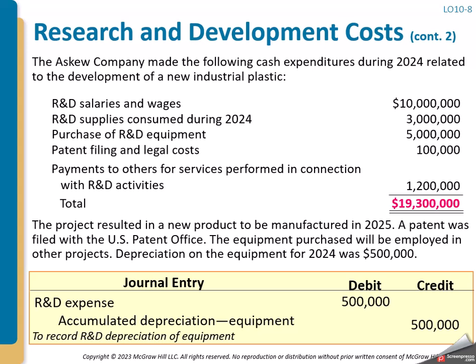The patent was filed. The equipment purchased will be employed in other projects, and depreciation on that equipment was $500,000. So we would charge that off to expense and then put that into accumulated depreciation for that equipment.